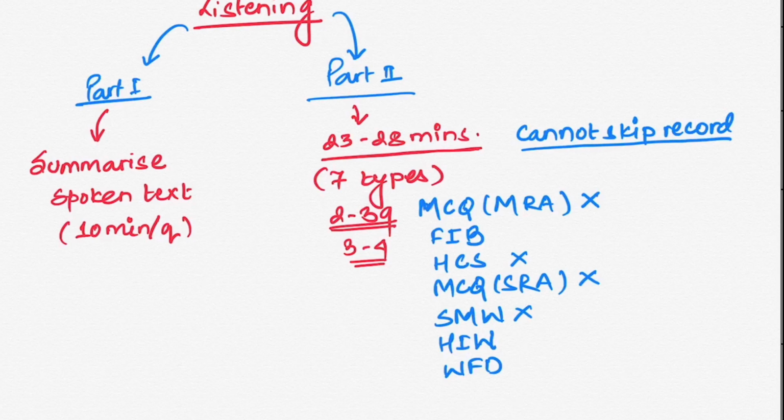That's it for these 4 questions. Now, the rest of the 3 questions are really important for your test, but still, in highlight incorrect words, you should not spend any extra time after the recording is over. There are 2 reasons for this. The first reason is because in highlight incorrect words, you are comparing the recording with the passage. Once the recording is over, you don't have anything left to compare.